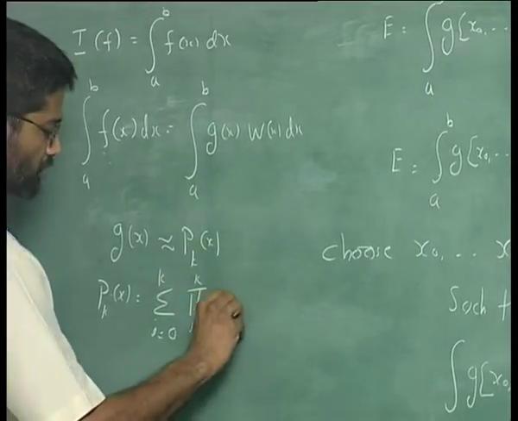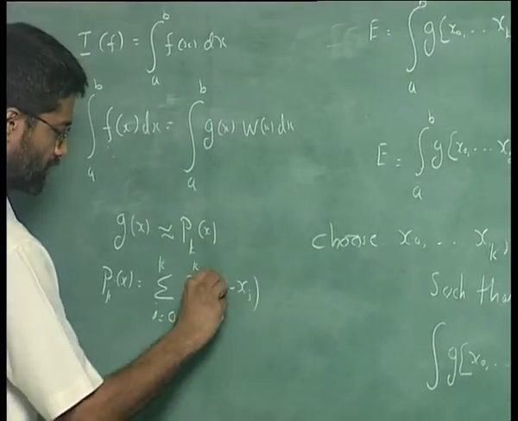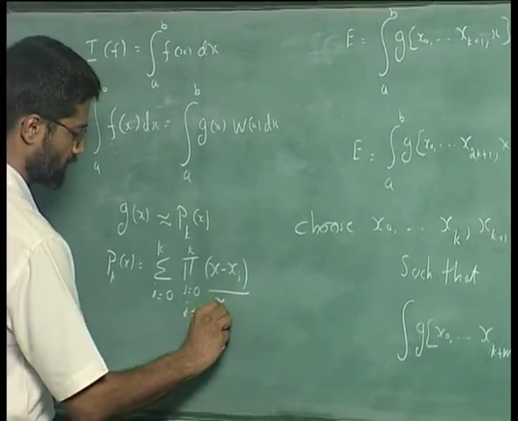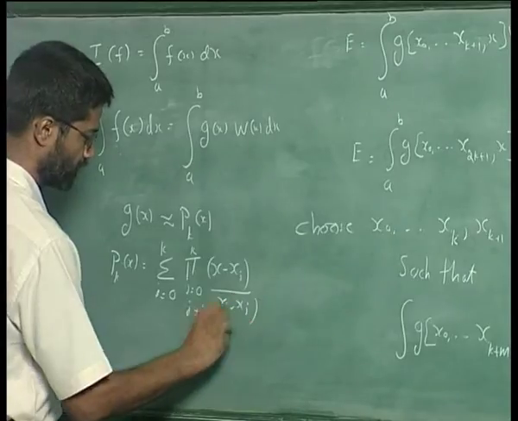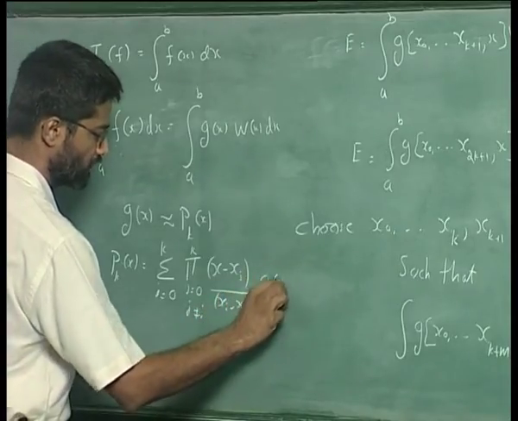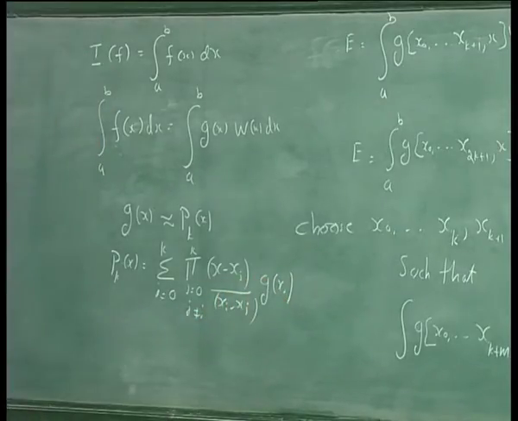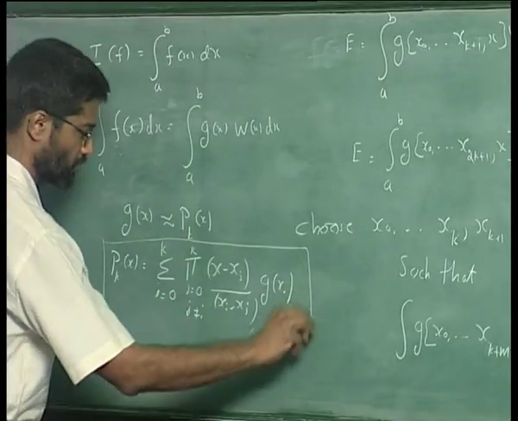So, we will write x minus xj divided by xi minus xj into g of xi. That is what we are going to write.